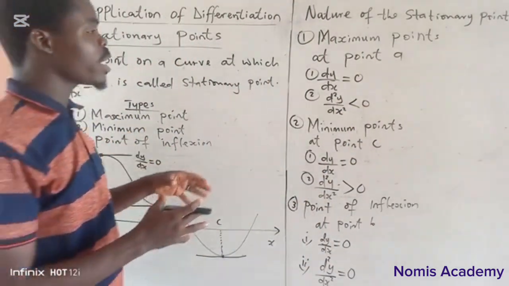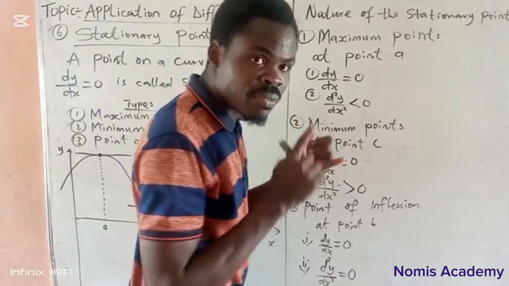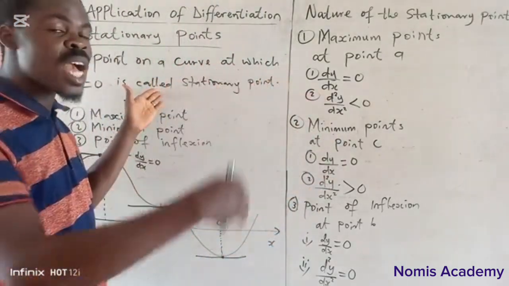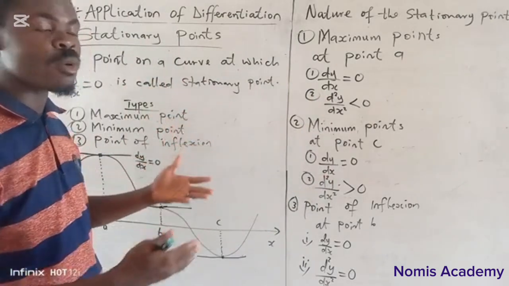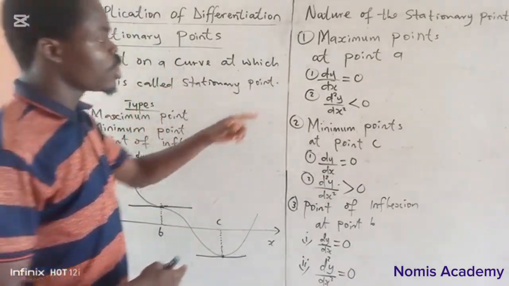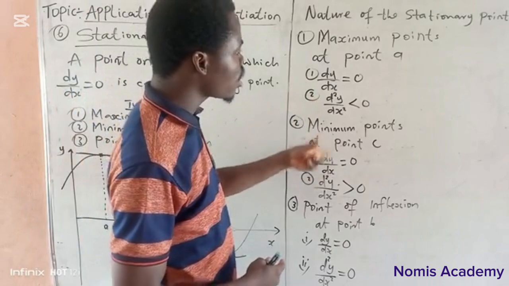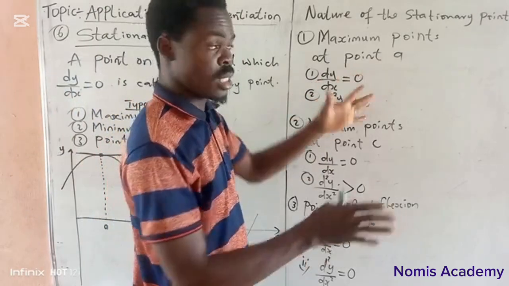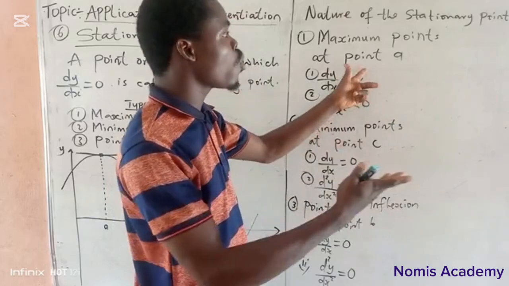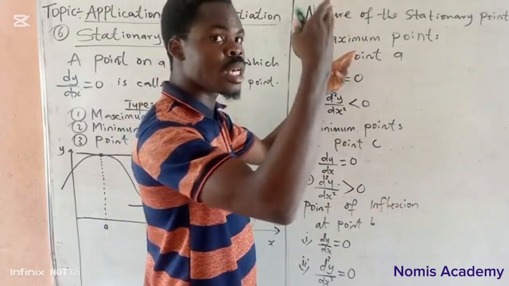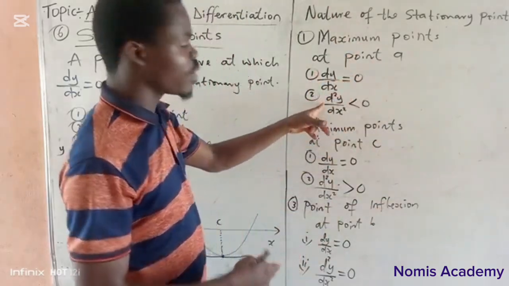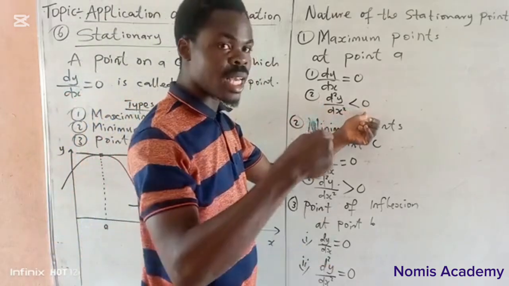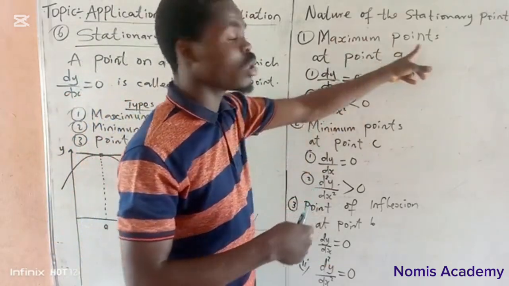Whenever you are given a function to first find the stationary points, the question will go further to ask you to find the nature. What type of stationary points are they? If you can follow this instruction: when you take the first derivative and you get 0, yes, it's a stationary point. Now you would like to know what type of stationary point it is. Then you look at the second derivative. If what you have is less than 0, then that point is a maximum point.